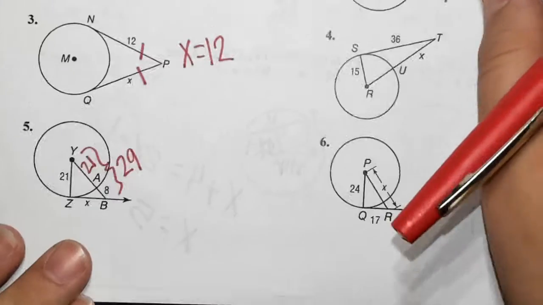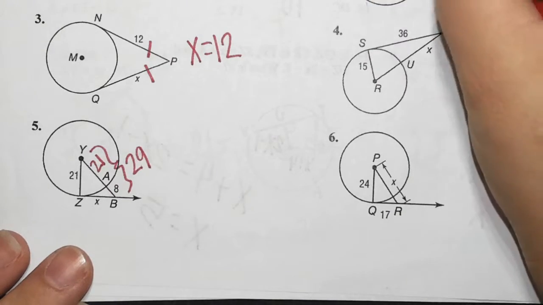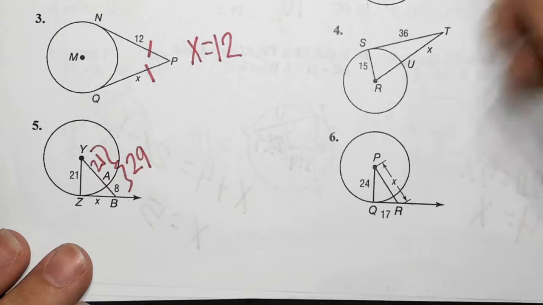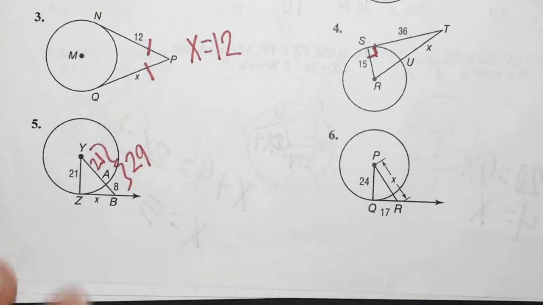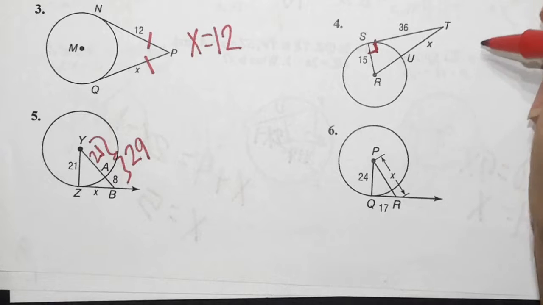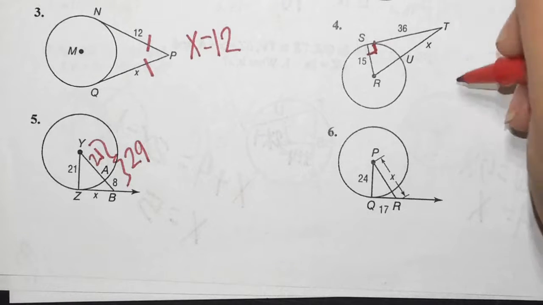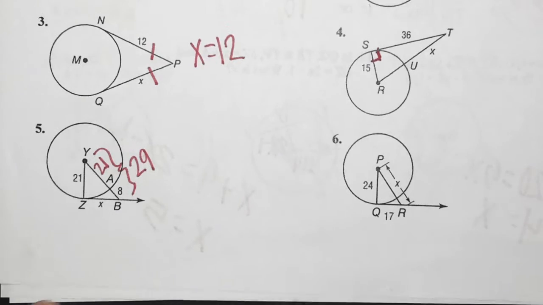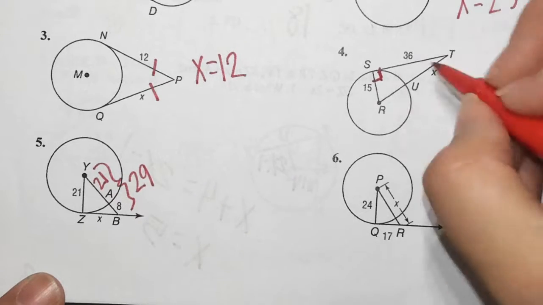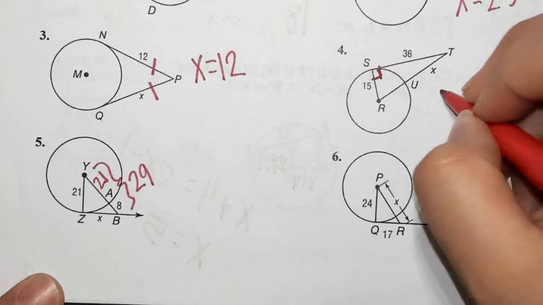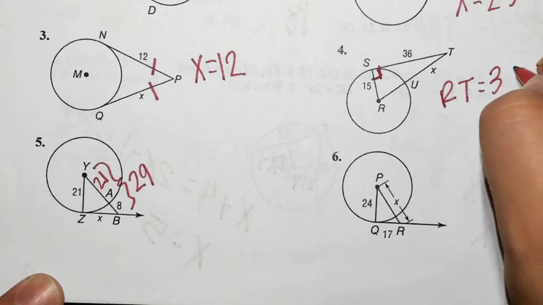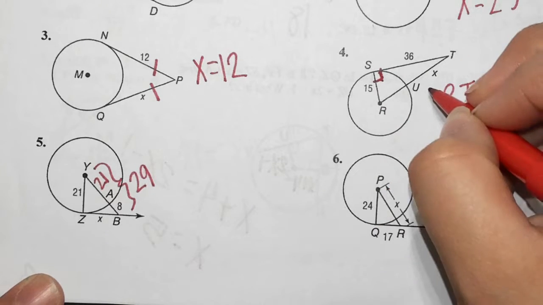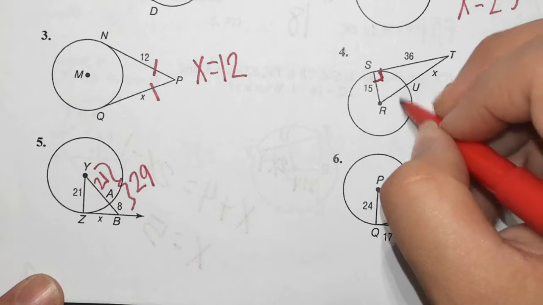Number 4, I know that the tangent line is perpendicular to the radius, so it's 90 degrees. So to find x, I first had to find the whole thing, which was what? 39. So using the Pythagorean theorem, y'all found that R to T, the whole thing, was 39. But what's R to U? 15.